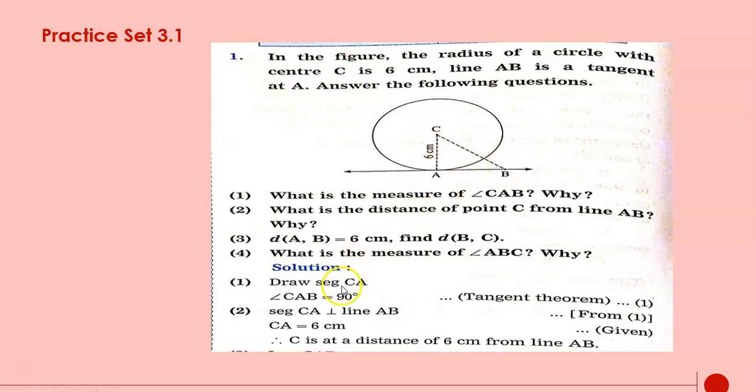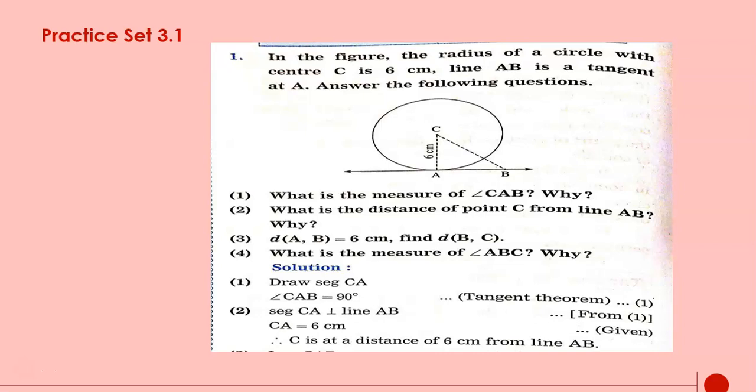The answer would be: first we need to draw CA and CB. You need to join this. So angle CAB is 90 degrees. The reason: tangent theorem, because CA is the radius and AB is the tangent at the end of the radius.